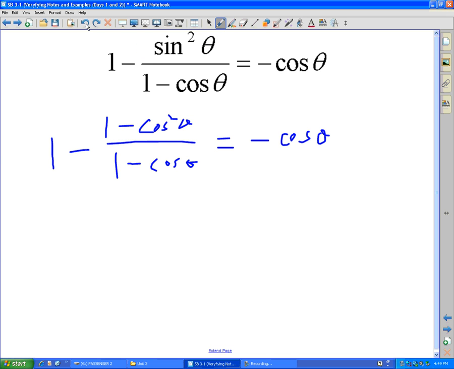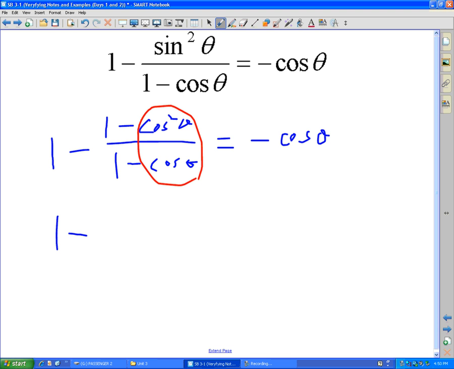Okay. Where do we go from here? Well, this is where that factoring has to come in. What some people would want to do is kind of look at this right here and say, hey, can't I cancel a cosine on top with the cosine on the bottom, and then I would just get a cosine on top, and 1 minus 1 is 1, and then I have the negative or 0, and then I'd have the negative cosine left.